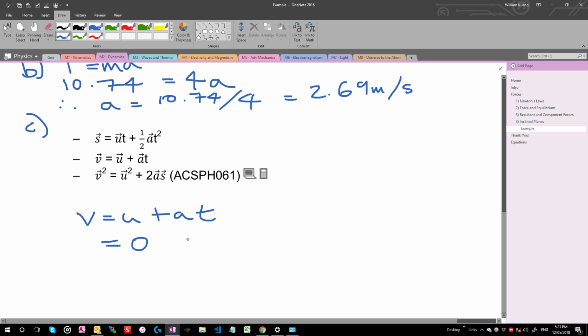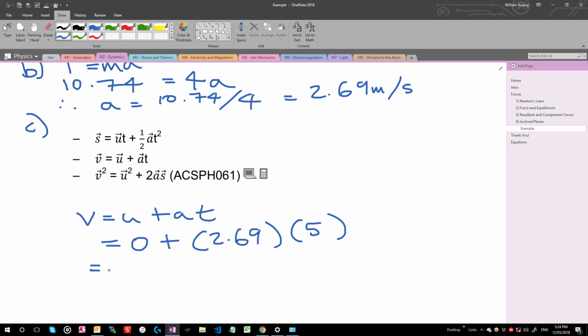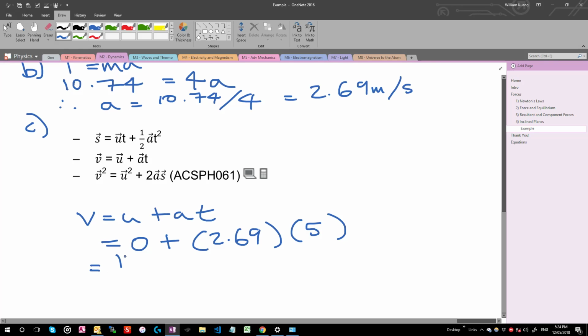So your acceleration is 2.69, and your time is 5 seconds. Your answer should be 2.69 times 5, which is 13.45 meters per second. And you also need a direction, so you write down the plane.